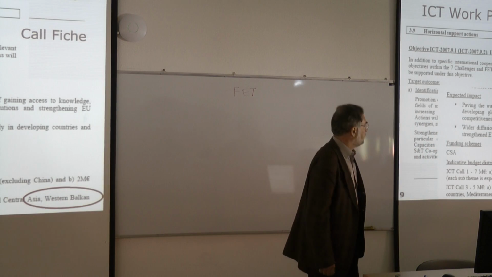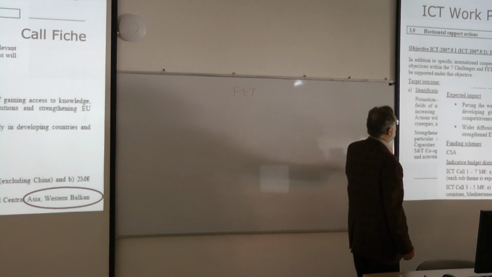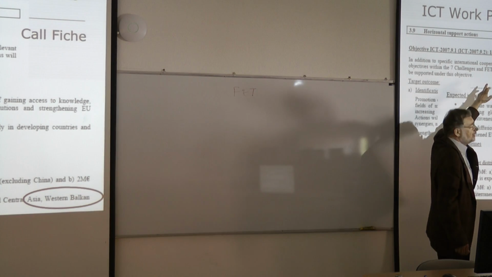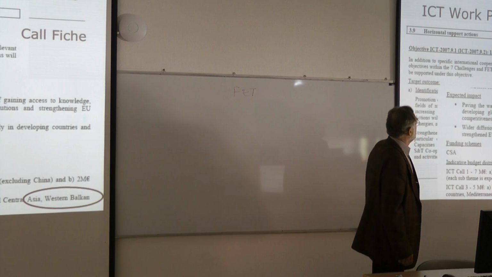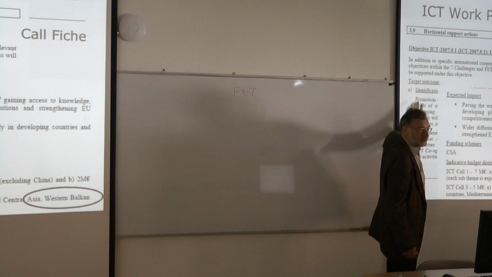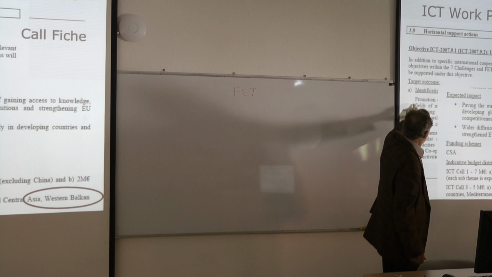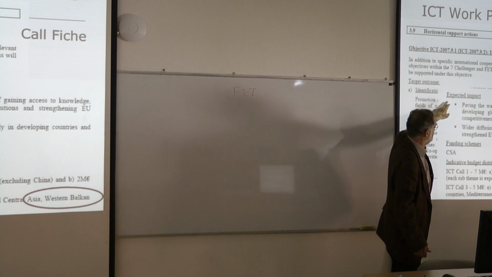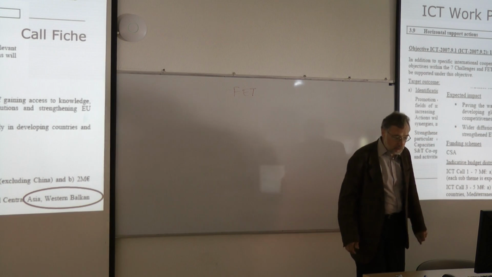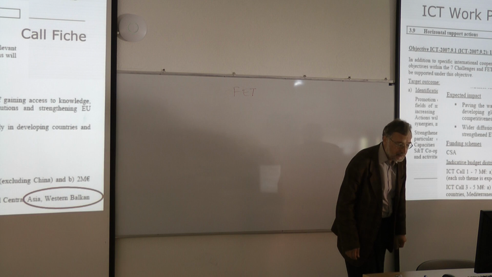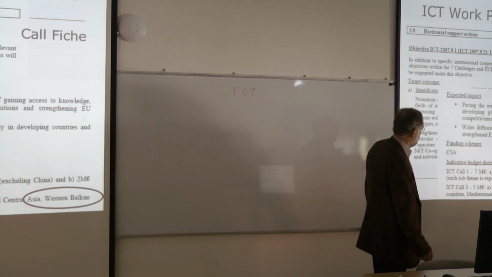Now we looked at the work program, and there was a part which was called international cooperation. And this is the text. I don't want to read everything. We have, as usual, target, outcome, effect, impact. When I look at this, this is partly the work program, partly the call fiche.